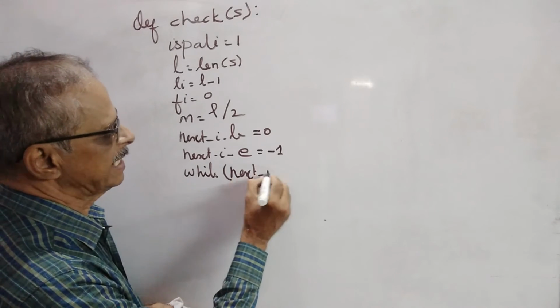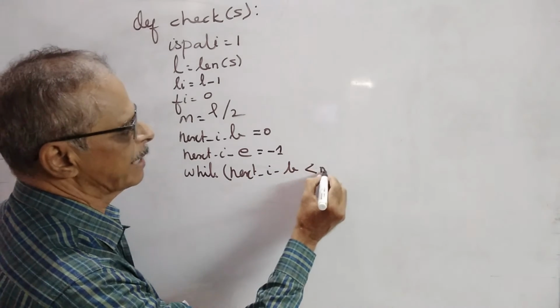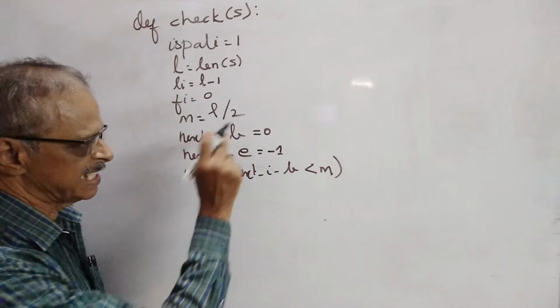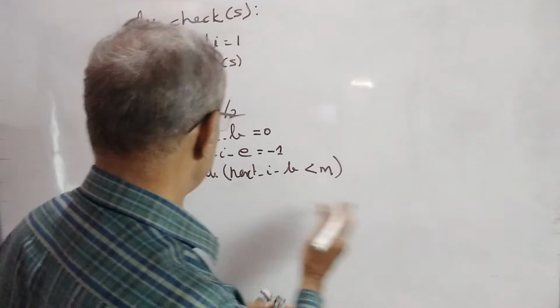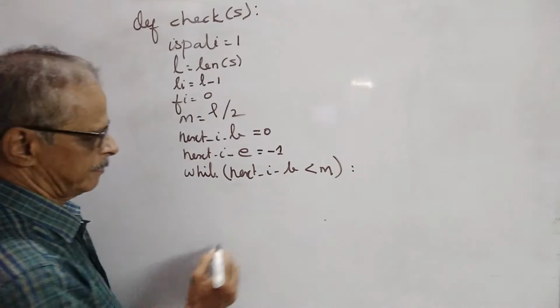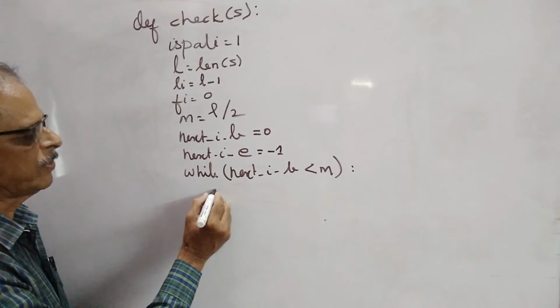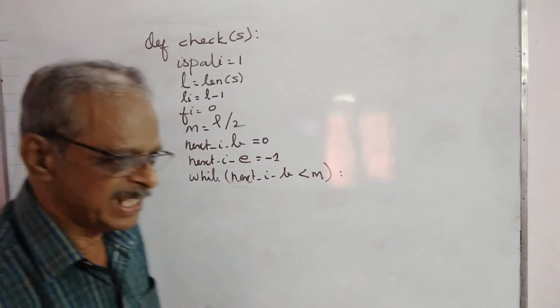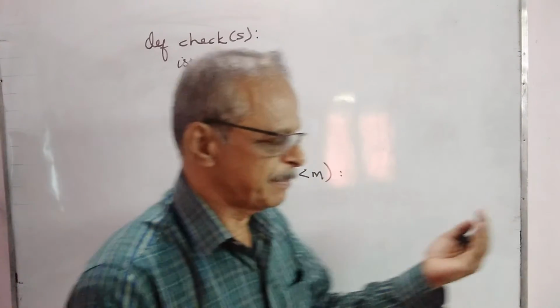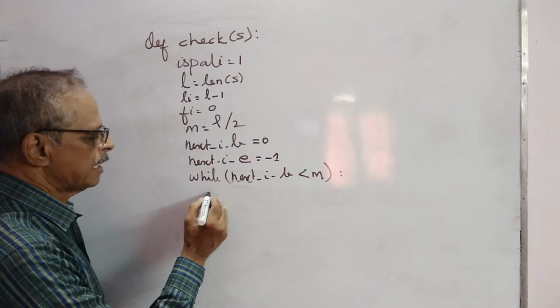While next index from the beginning is less than m. Next index from the beginning is initially 0. M is the mid of the string. The loop will be executed. Now we are going to check character by character from the beginning with character by character from the end.